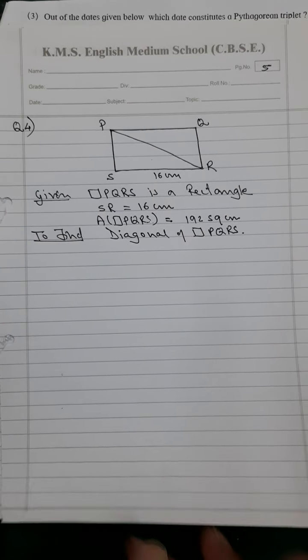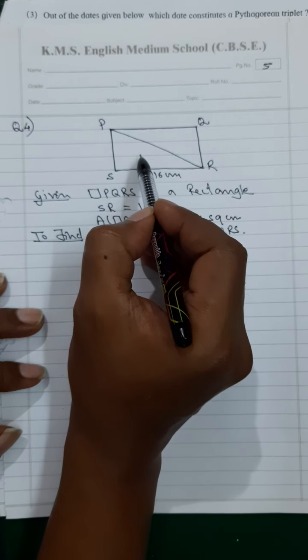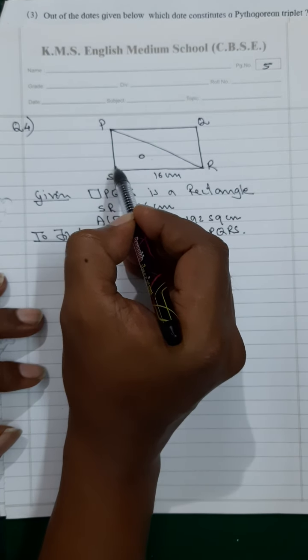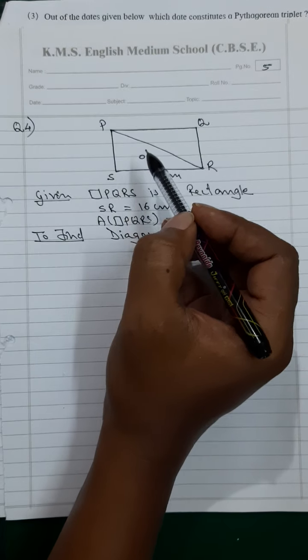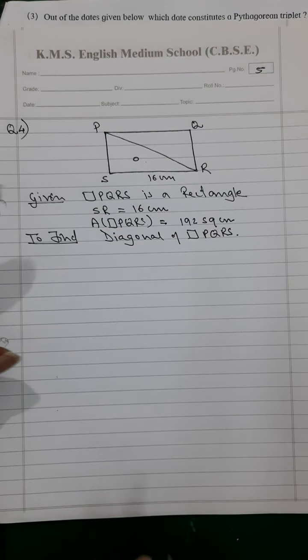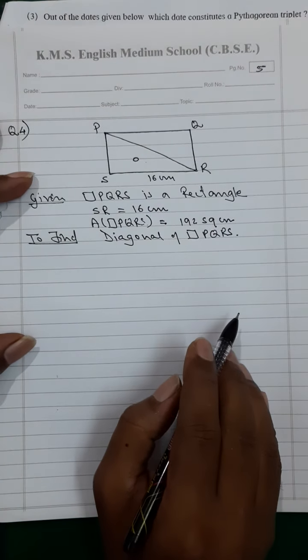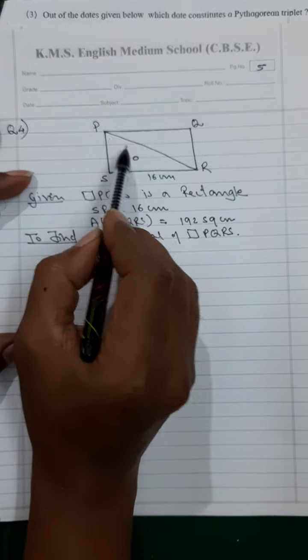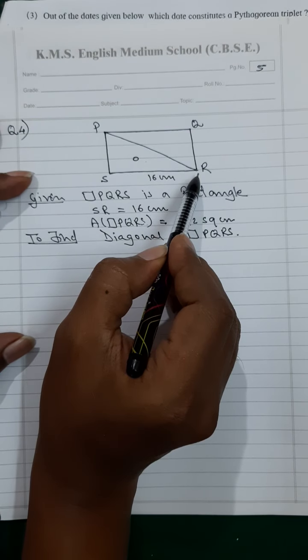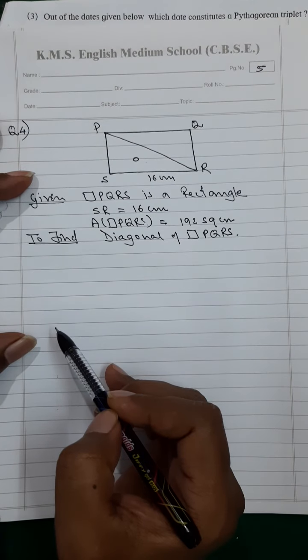If you apply the Pythagoras theorem, you have to find PR. We can easily prove triangle PSR is a right angle triangle. But when we apply the Pythagoras theorem to find PR, we will need PS also.